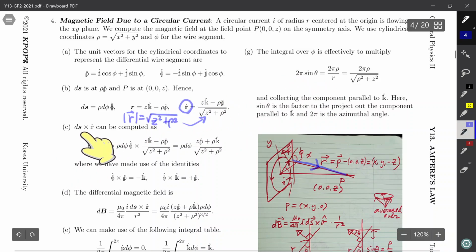Next, we compute ds cross r hat. This is necessary to substitute into the Biot-Savart Law. We substitute ds, and r hat is here.